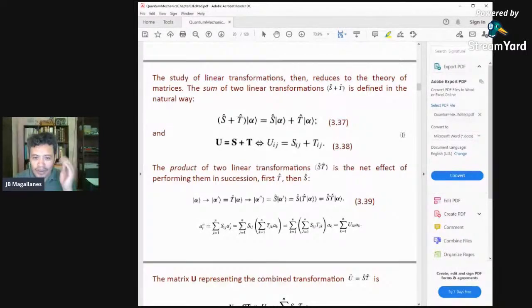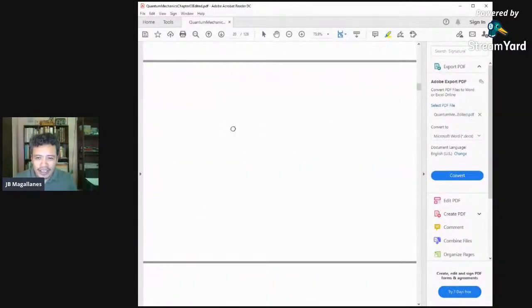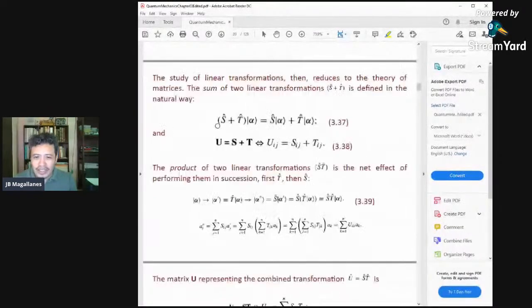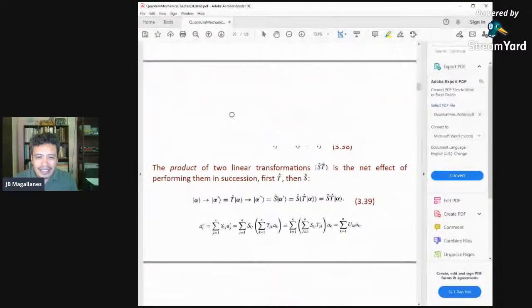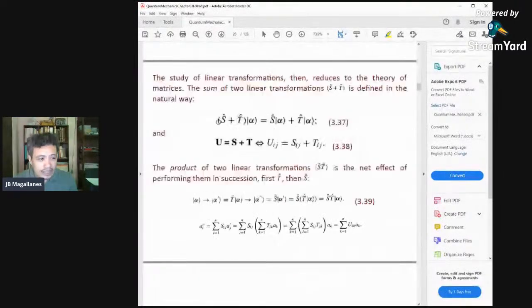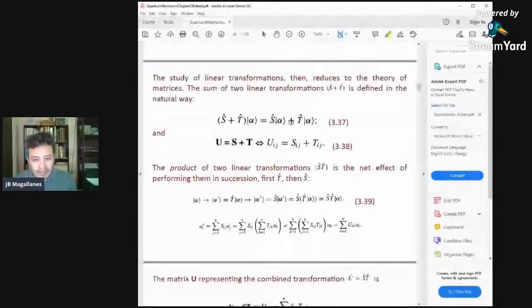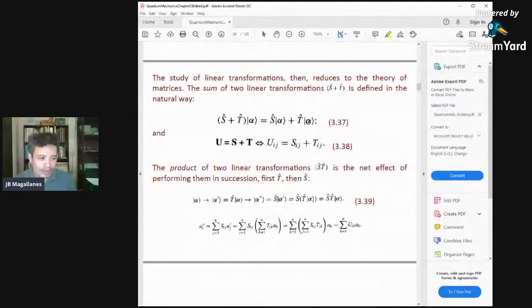If you are maybe confused, if you are acting the sum of two transformations on a vector, then that's just equivalent to one transformation acting on the vector plus the other transformation acting on the same vector.